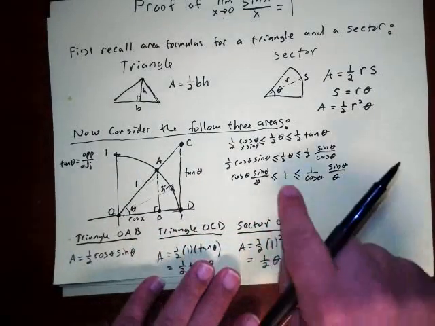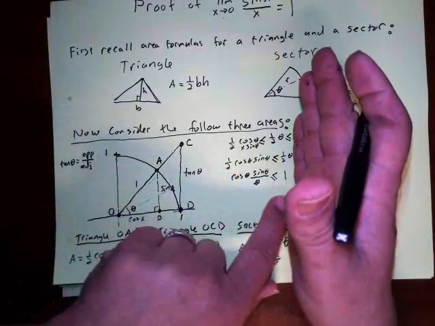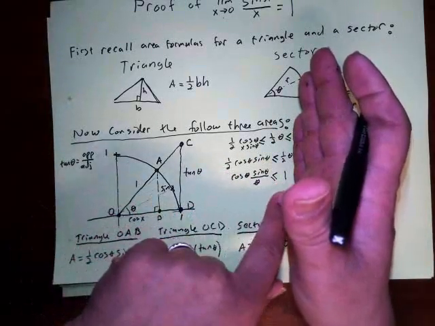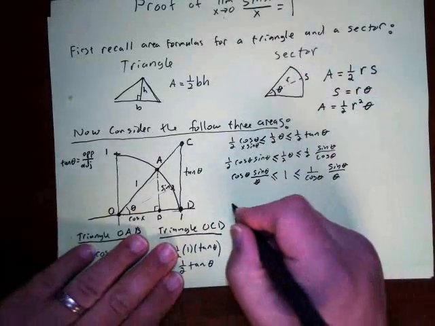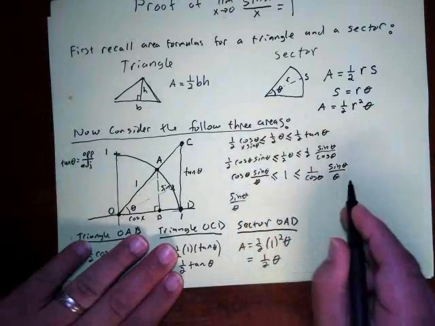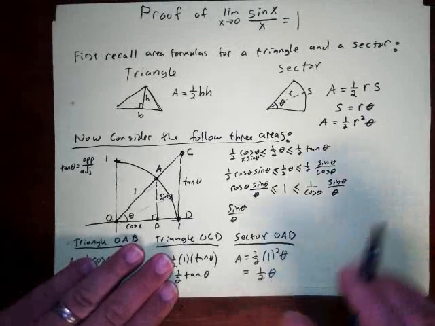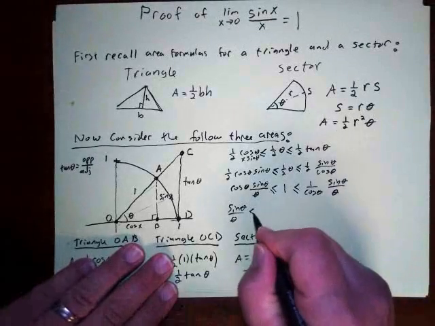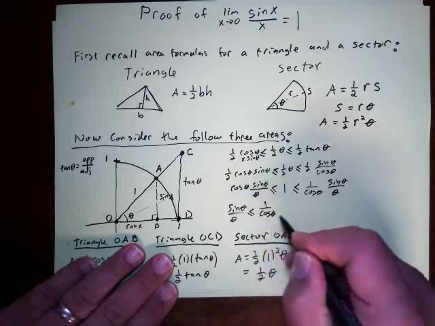And so what I want you to notice now is that I could move the cosine to the other side, and what I would get is sine theta over theta, and this was the reason for doing this, because now I have the expression that I want to find the limit for. But what I would have is that this is less than or equal to 1 over cosine theta.